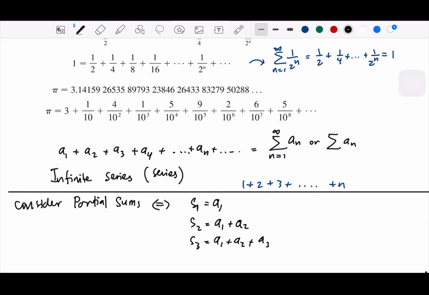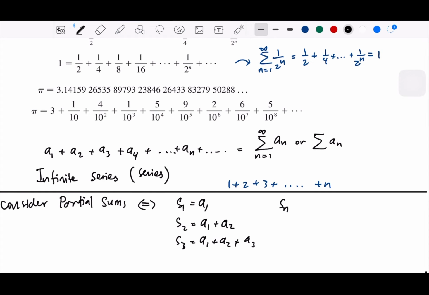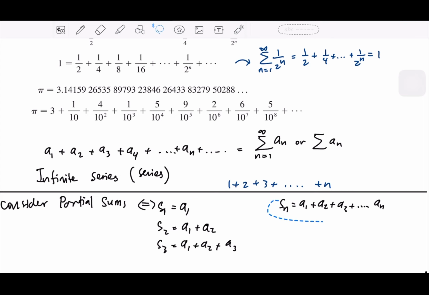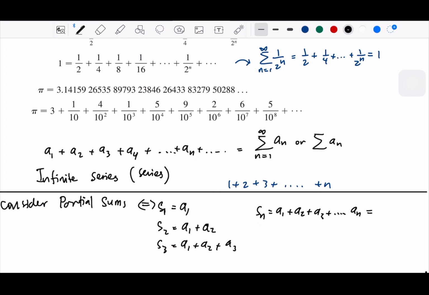So we could take Sn as A1 plus A2 plus A3 up to An, and we could write this as a sum of Ai, like that.